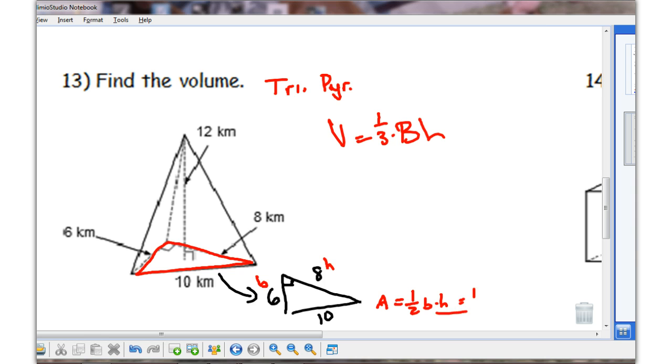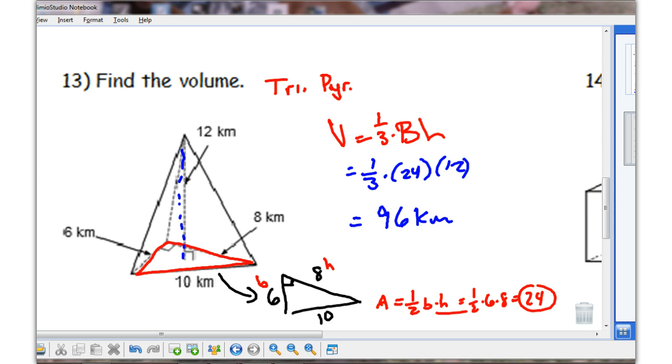So 1/2 times 6 times 8 is 24. So that's going to go in for our B. So we're really doing 1/3 times 24 times the height, which is that distance from the center all the way to the vertex there, which is 12. So 1/3 times 24 times 12, that'll give us 96 kilometers cubed.